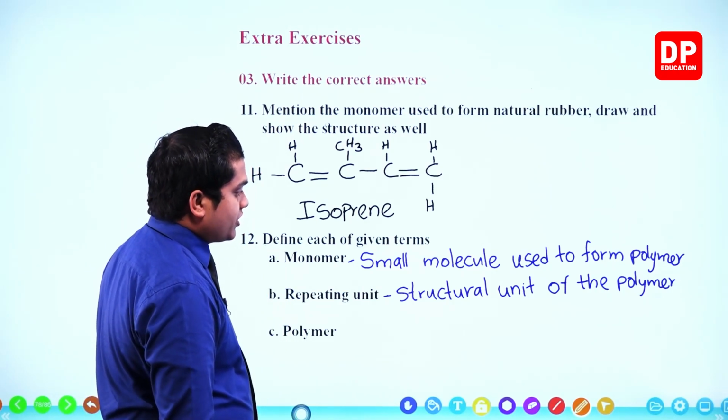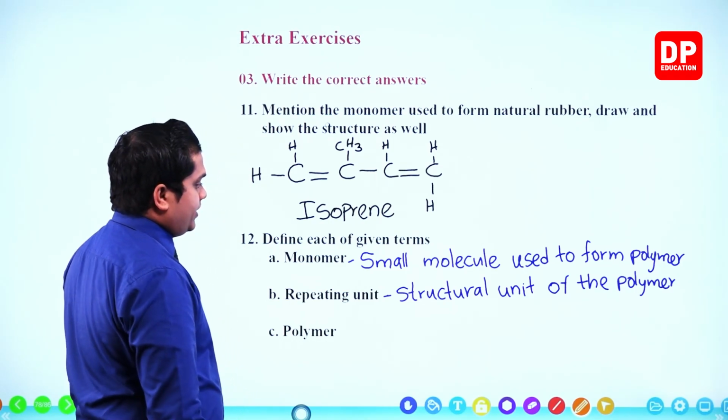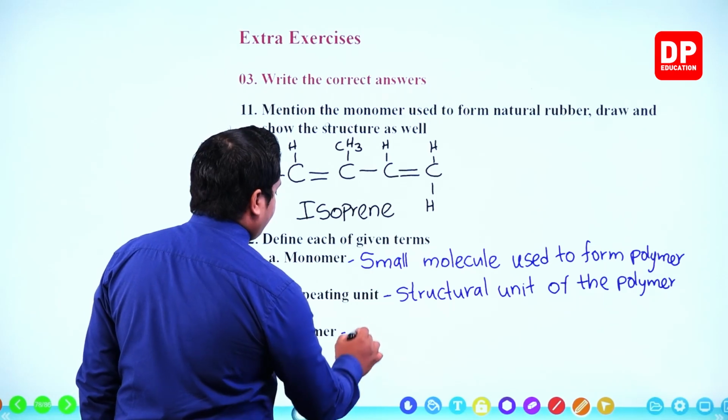So the structural unit of the polymer is the repeating unit. Then the next one, polymer.